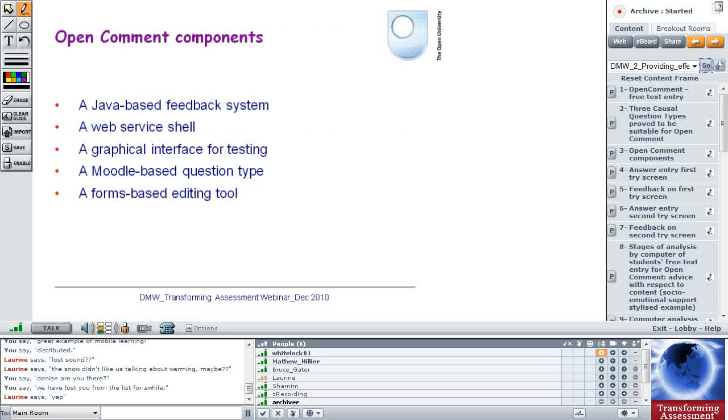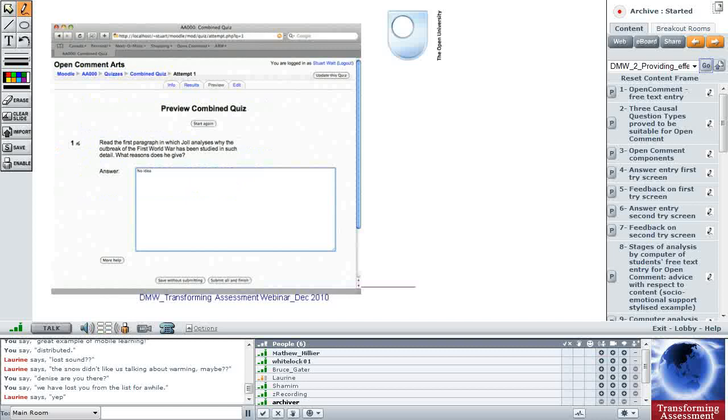Open Comment's Java-based feedback shell, and we built a new Moodle question type, and it's got an editing tool for tutors to put in new types of questions. Now the screen actually looks like this, and here's a typical question on the course: what were the causes of the First World War?